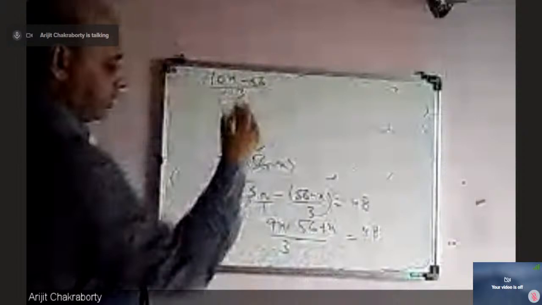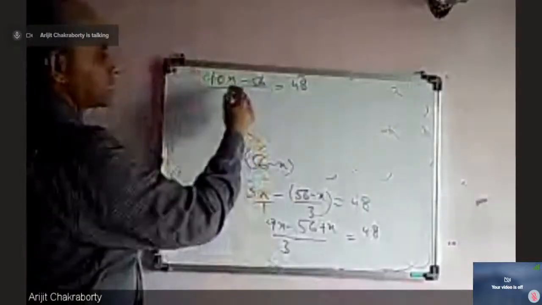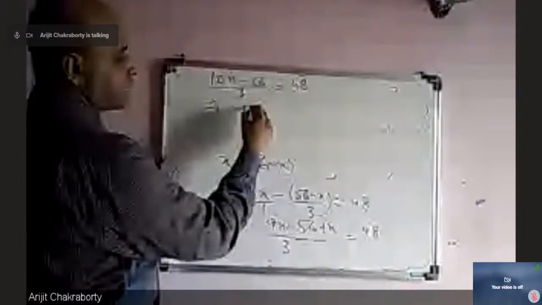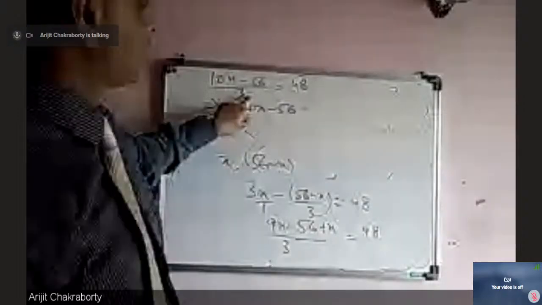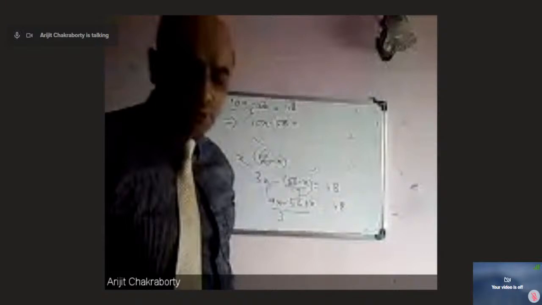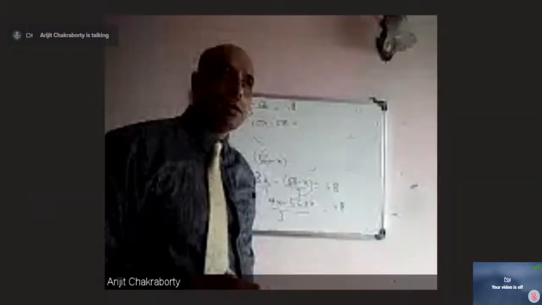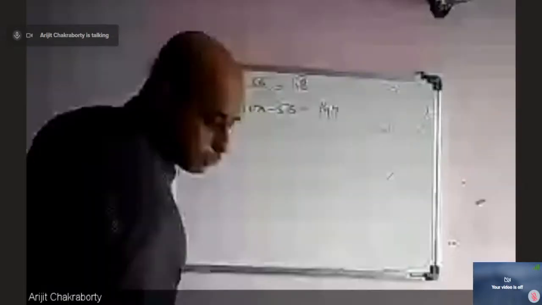So cross multiply. So it will be 10x minus 56 is equal to 3 into 48. 48 into 3 is 144.